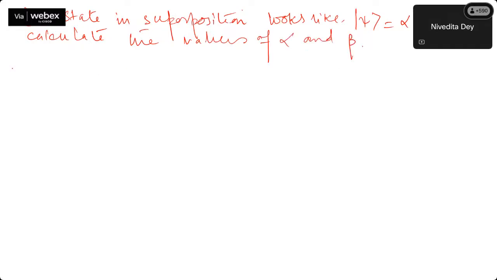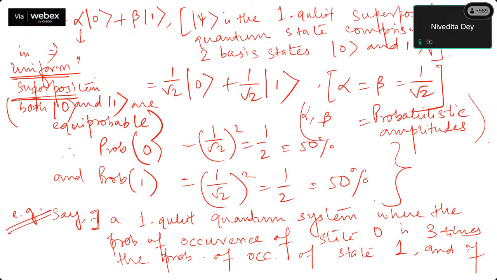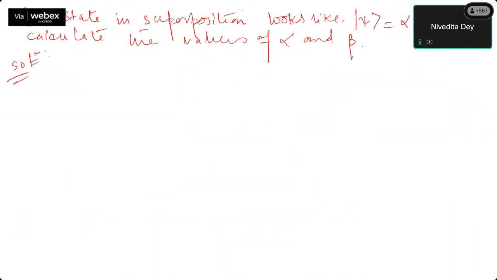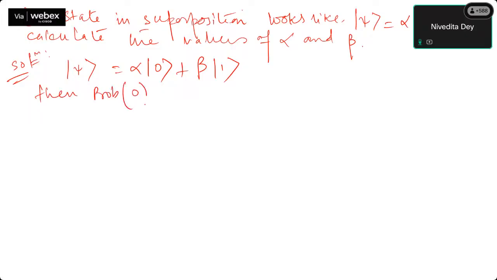So if this is a question to you, then what will be the solution? See, what is given to you? That the probability of occurrence of 0 is 3 times that of the occurrence of 1. What is the probability of occurrence? So if psi is alpha 0 plus beta 1, then the probability of occurrence of 0 is basically alpha square, and the probability of occurrence of 1 is basically beta square. Remember, always this is not alpha and beta, the probability is alpha square and beta square.